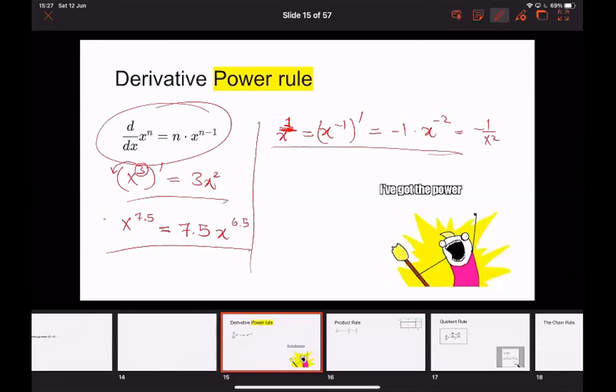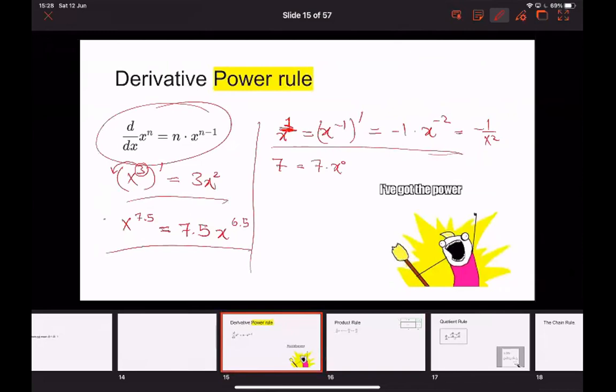The last thing: what if we have the function 7? What's the derivative of 7? Since 7 is a constant, the derivative must be 0. But we can also use the power rule, because the power rule is very powerful. I can write 7 as 7 times x to the power 0, because x to the power 0 is 1.